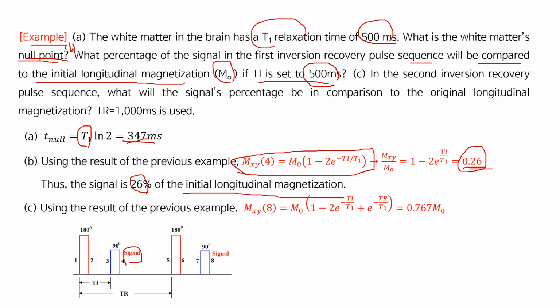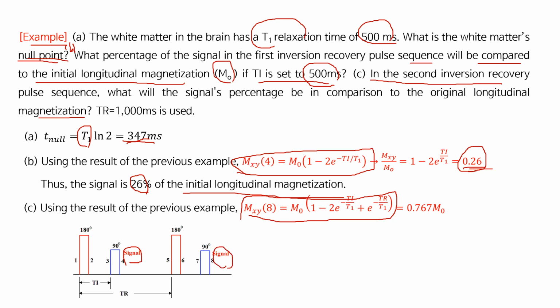And question C. In the second inversion recovery pulse sequence, what will the signal's percentage be in comparison to the original longitudinal magnetization? Also, the expression for this second signal is given by this equation.